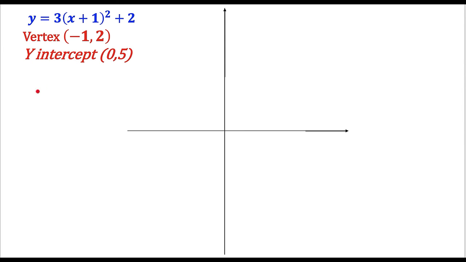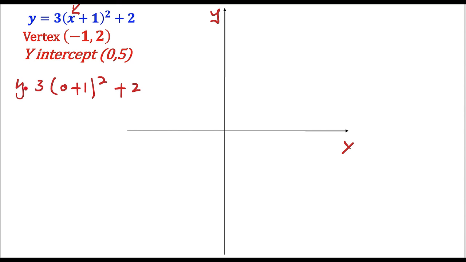Then we can also find our y-intercept. How do we find the y-intercept? Again, this is the y-axis, this is the x-axis. The y-intercept means the point on the y-axis, where x is always 0. So we just plug in 0 for x: 3 times (0 plus 1) squared, then plus 2.